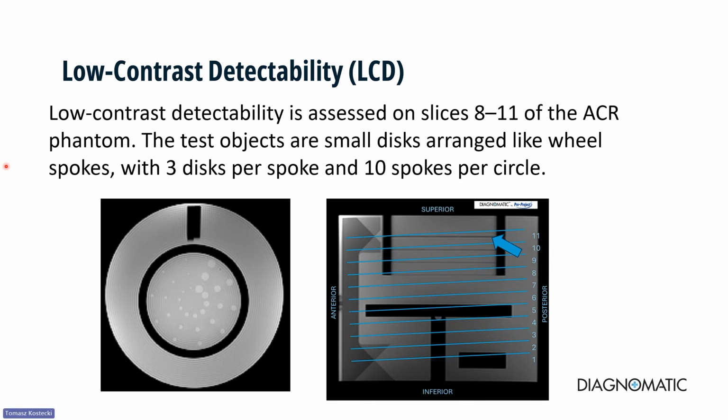Note that this test is very positioning sensitive, as if you, for example, angle the slices too much, some of the spokes might not be visible at all on all of the images, right? So those spokes that are located, for example, here, might not be visible at all. But then again, the smaller ones can be visible as they are still on the same slice.